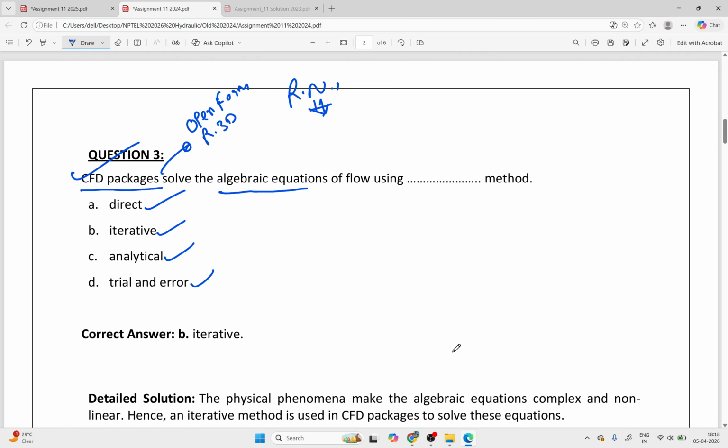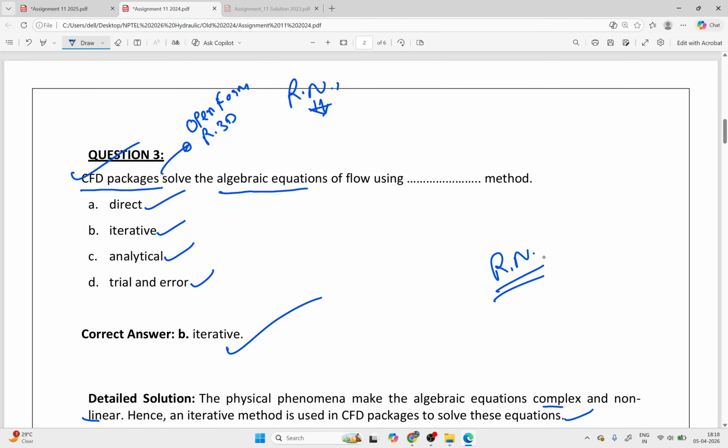In a CFD package, the algebraic equation will be solved iteratively. What is written in the detail? The physical phenomena make the algebraic equation complex and nonlinear. Hence, an iterative method is used in a CFD package to solve these equations, like your Newton-Raphson method.